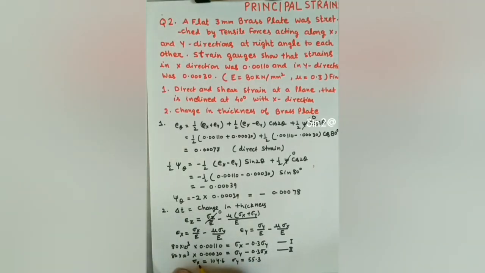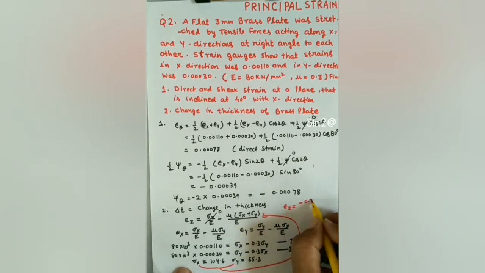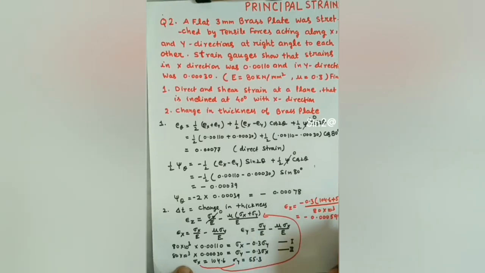Putting the values of sigma x and sigma y in this equation we get epsilon z equal to minus 0.3 (104.6 plus 55.3) over 80 into 10 cube, which gives value of epsilon z equals to minus 0.000599.